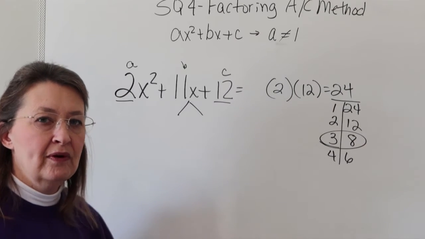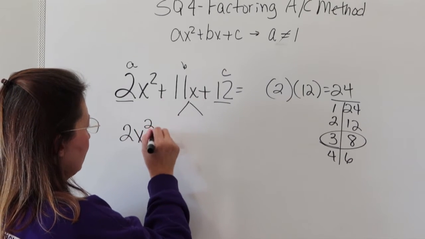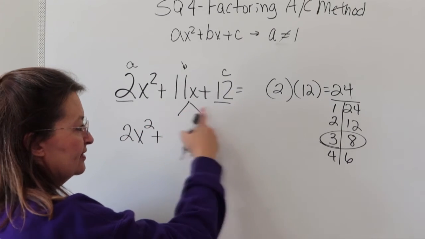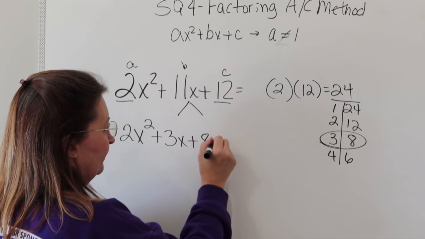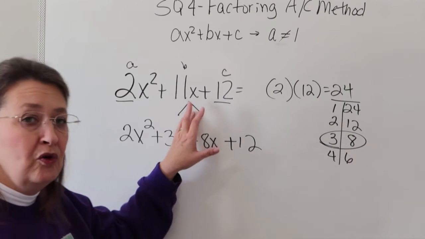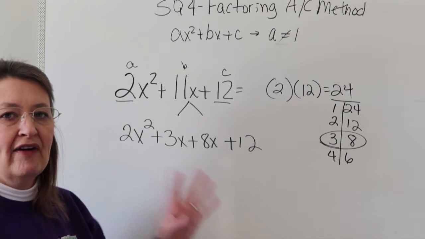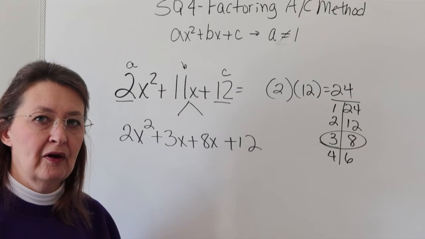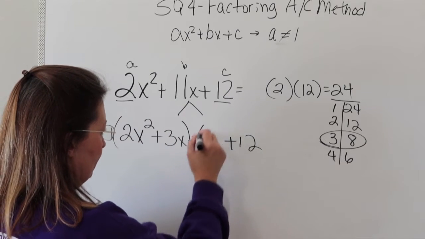So I'm going to rewrite this expression. Instead of 11x, I'm going to put 3x plus 8x. See, 3x plus 8x is equal to 11x, but when I split them, I now have a 4-term polynomial that I can factor by grouping, just like I did in the last video.